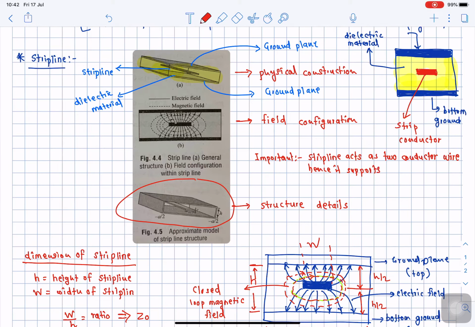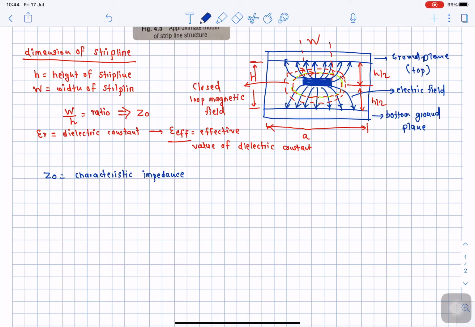Now Z0 is characteristic impedance. We already defined the meaning of characteristic impedance, and that definition is applicable for all transmission lines, no matter what type of transmission line.